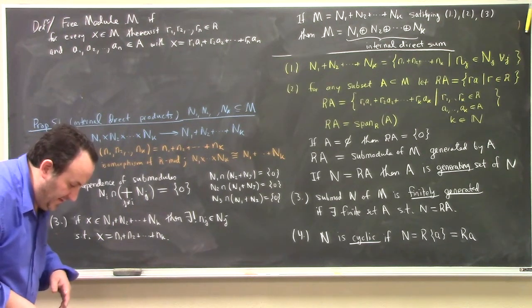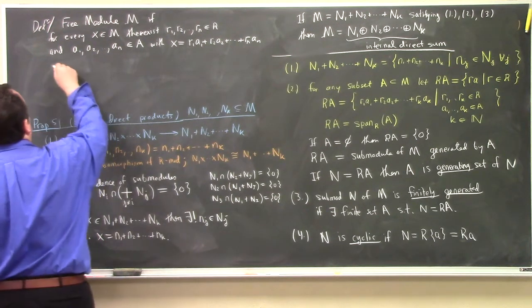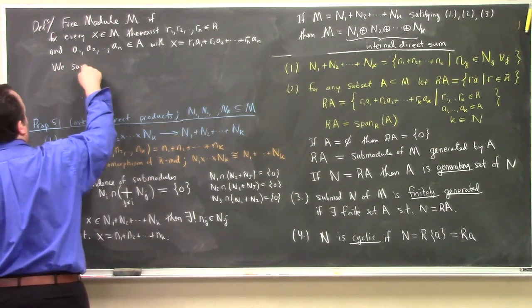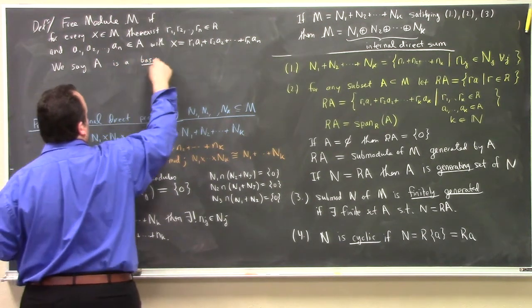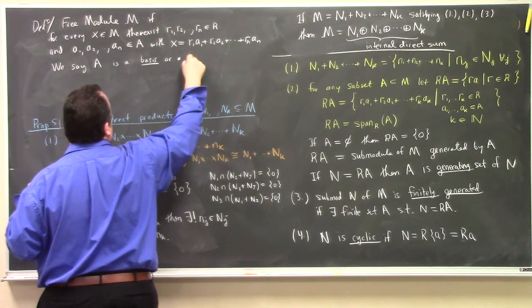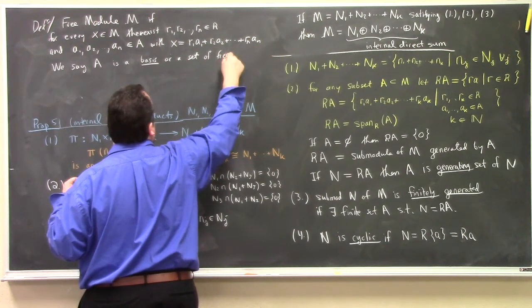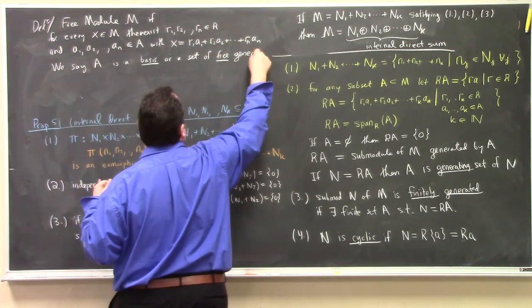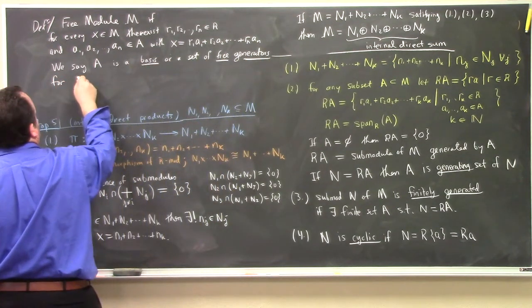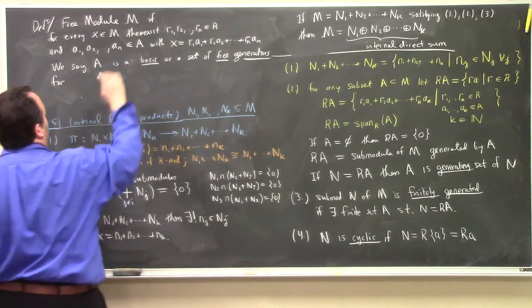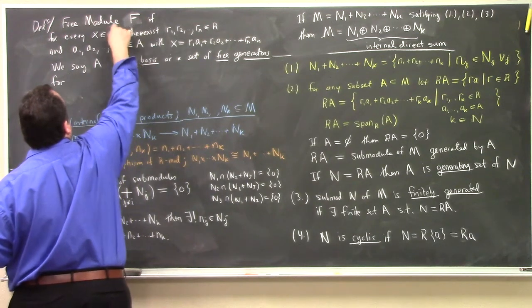In this situation, we say A is a basis or a set of free generators for F, where F is for free module.